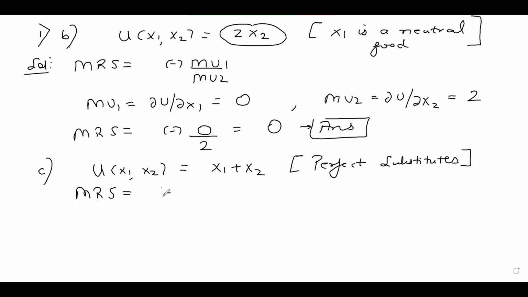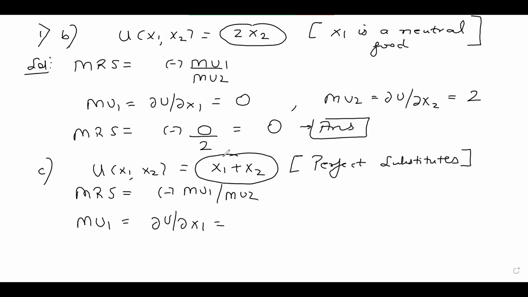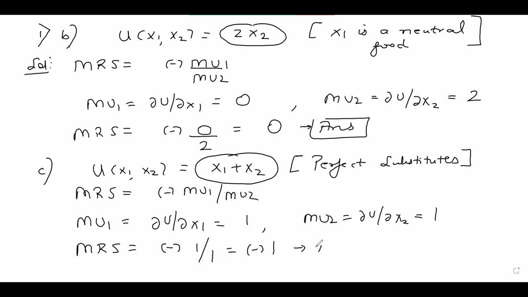Again, it's the same thing, minus MU1 by MU2. Quickly, let's find MU1, that's del u by del x1. The partial derivative of the utility function with respect to x1 is 1. MU2 is del u by del x2. The partial derivative of the utility function with respect to x2 is again 1. MRS is minus 1 by 1, which is minus 1. This is the answer for part C.